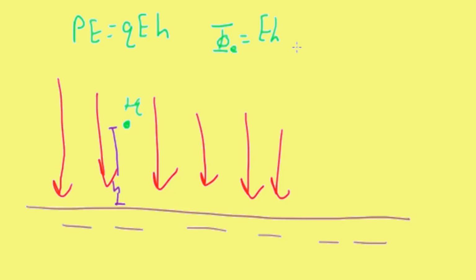So that kind of gives you a flavor of potential energy, or potential. This is the potential, and this is the potential energy, which is usually written as U. So U equals Q phi E. What you'll notice is there is a charge that's creating an electric field, but that isn't the charge here.